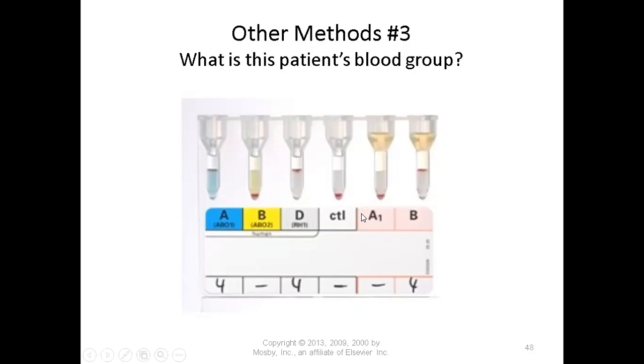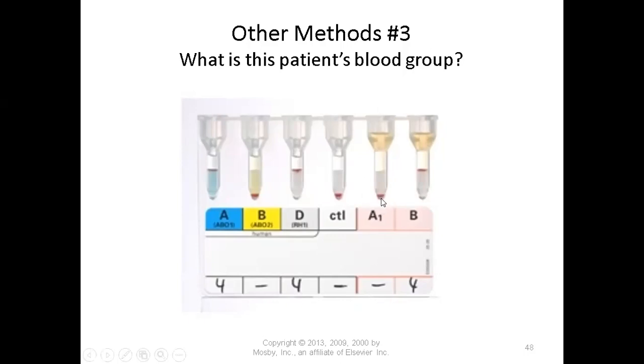So with reverse typing, remember, we want to find out which naturally occurring ABO antibodies the patient has. So I always try to reverse my thinking and think it through. So if this patient has A antigen, they should not have anti-A, they should have anti-B, okay, because they lack the B antigen. So let's look what we have.